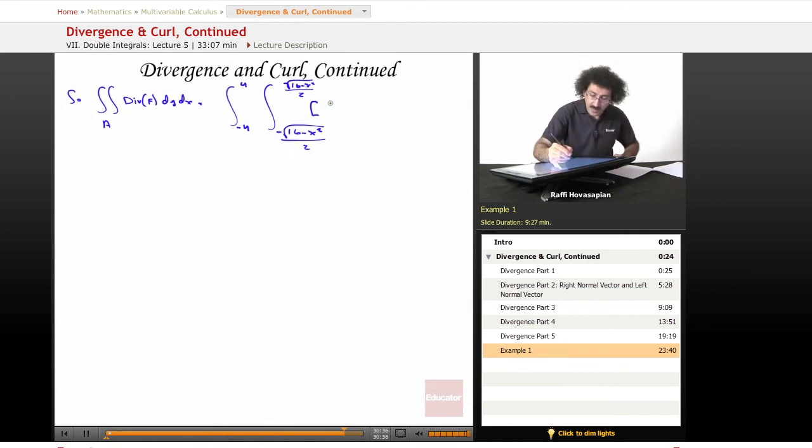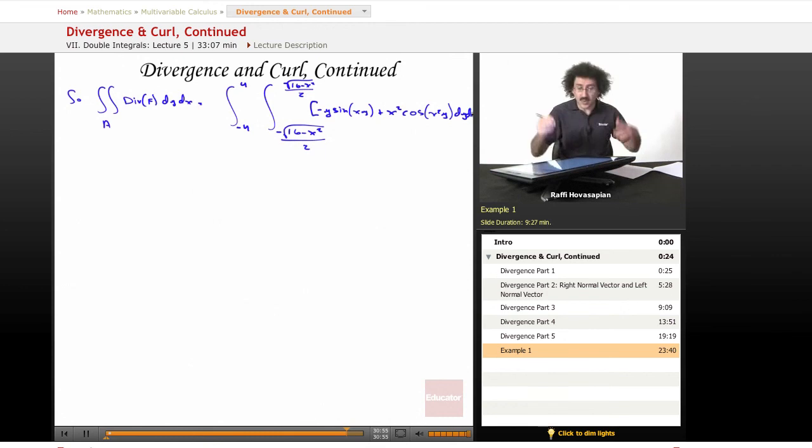Our divergence is minus y times the sine of xy plus x squared times the cosine of x squared y, dy dx. When I put this into my math software, guess what number I get? Negative 0.5466.